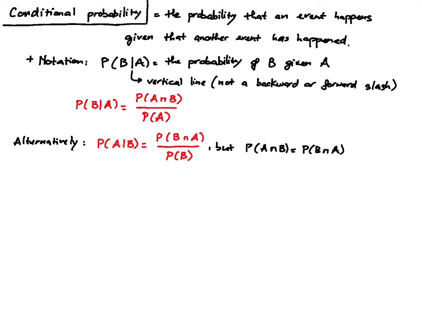And so this tells us that the probability of A given B is going to be equal to the probability of the intersection of A and B divided by P of B.